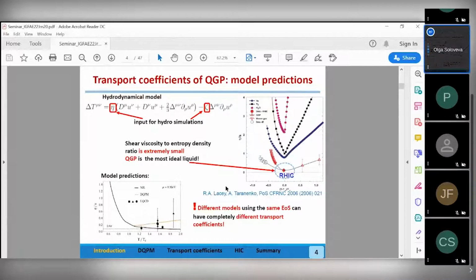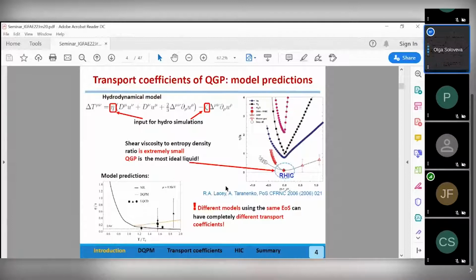But the problem is that the shear viscosity tells us something about interaction inside the medium, which requires microscopic properties that we cannot find easily. So from first principles, you cannot easily calculate the shear viscosity. In order to estimate the shear viscosity to entropy density or other transport coefficients, people usually use models.